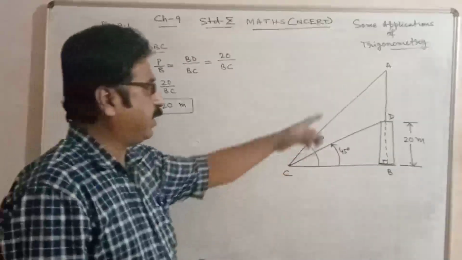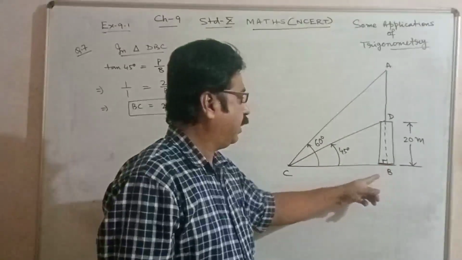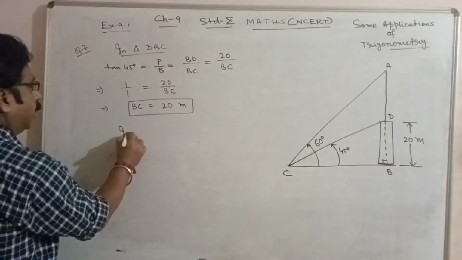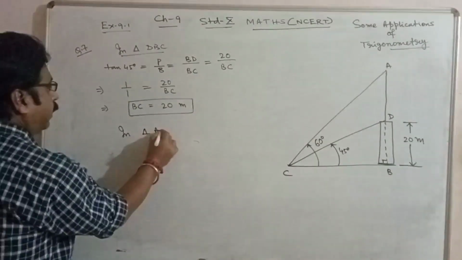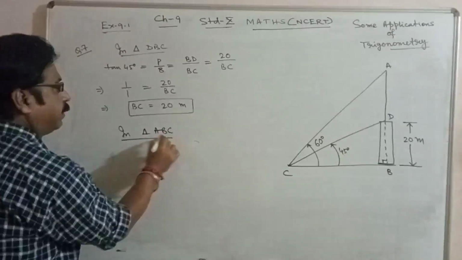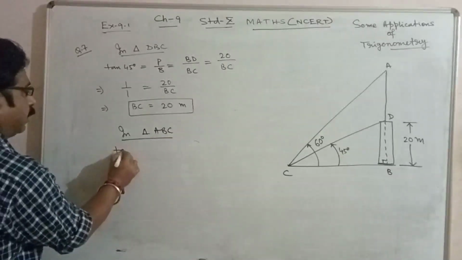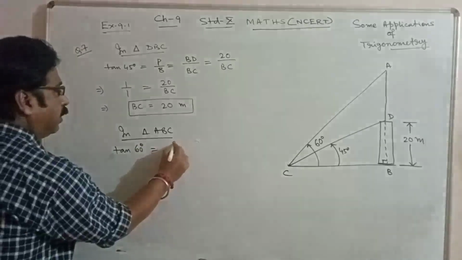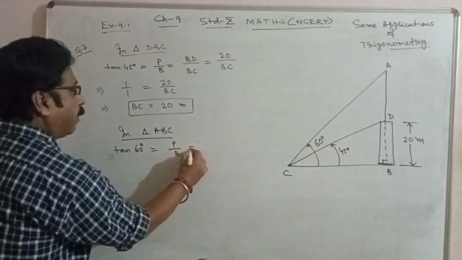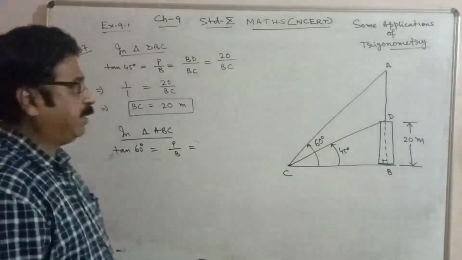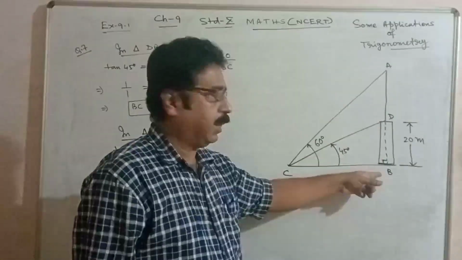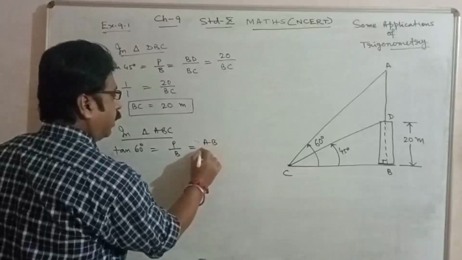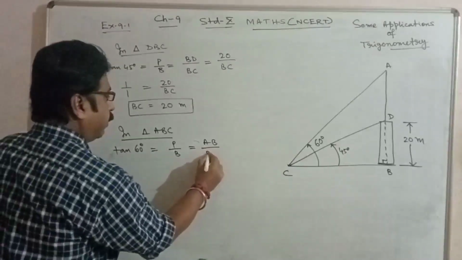Now take this triangle ABC. In triangle ABC, tan 60 degree equals perpendicular upon base. For ABC, perpendicular will be AB. Base will be BC.